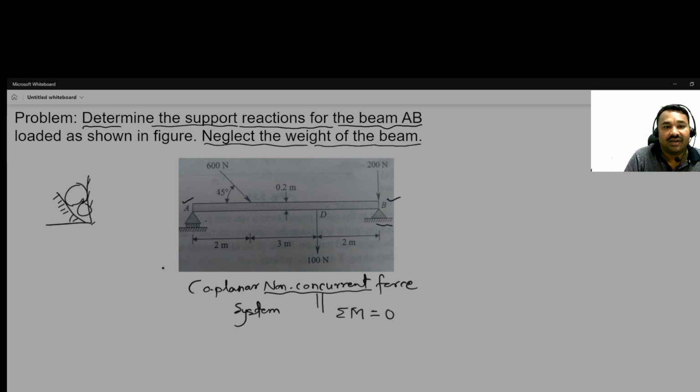We have to determine the support reactions. So what are the supports here? Two supports. At end A, you can see this is which kind of support. So at end A, roller support is there.